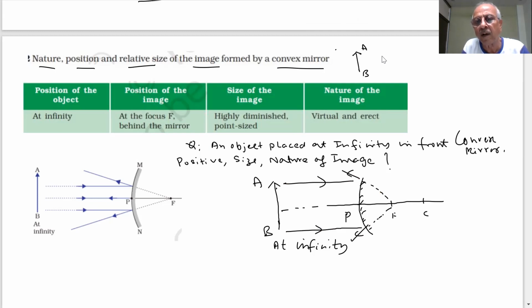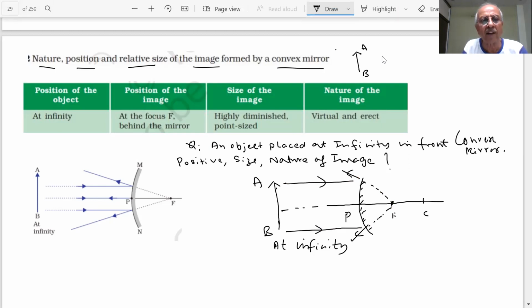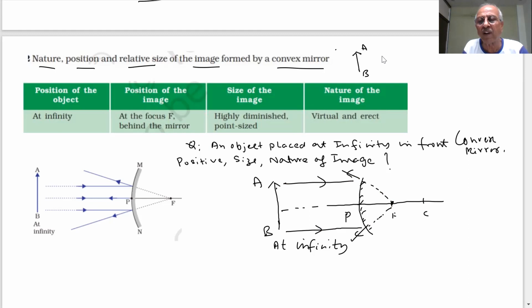Is this the correct image? Where will they be meeting? At the focus. This is a ray of light, then it is coming. You can see how these parallel rays appear to be at the focus. This is along the normal, along the principal axis. This will go back in the same direction.